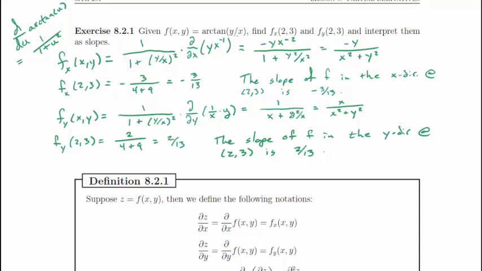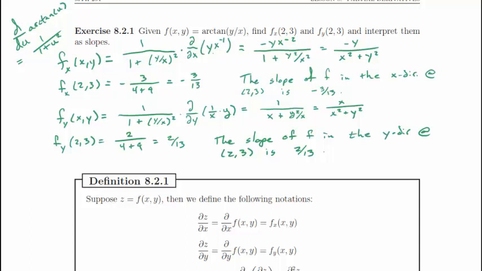So the derivative of the arctangent is 1 over 1 plus the inside y over x, quantity squared, times the partial derivative with respect to x of y times x to the negative 1. I've rewritten y over x as y times x to the negative 1 so that I can quickly, easily take the partial derivative with respect to x.